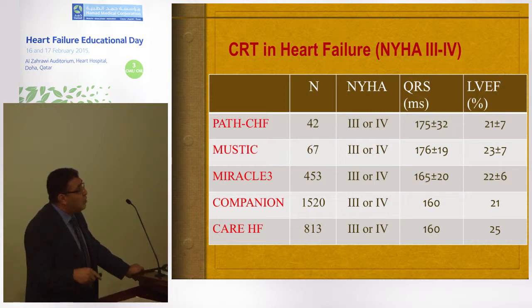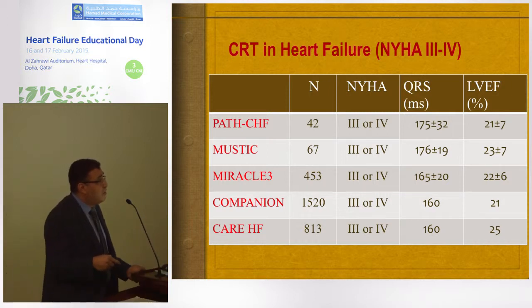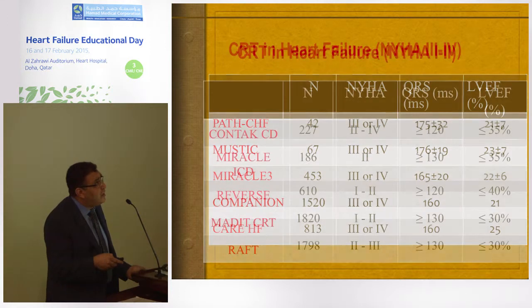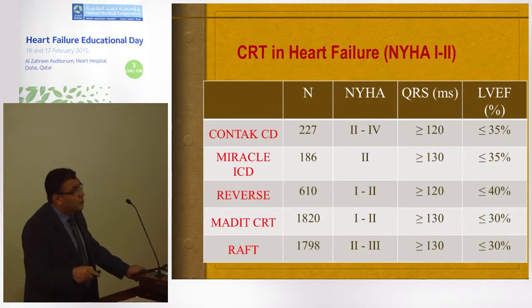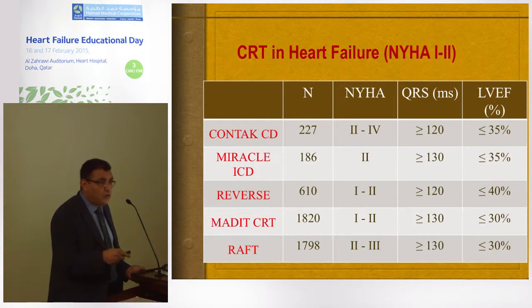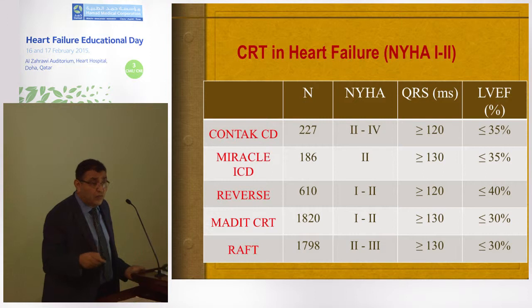These trials have shown the superiority and effectiveness of this therapy in these patients. But we went back and asked ourselves whether this therapy should be given earlier on. We don't need to wait until the patient is in New York class 3 and 4; should we go ahead even if they are class 1 to 2?